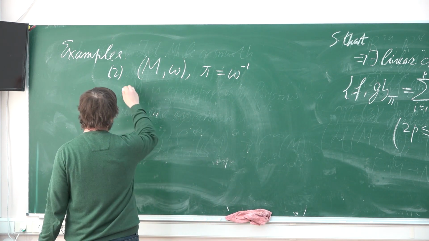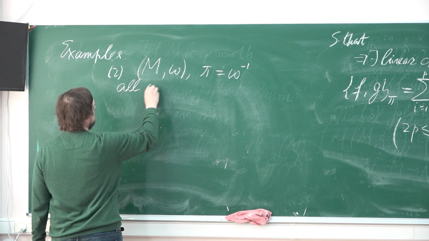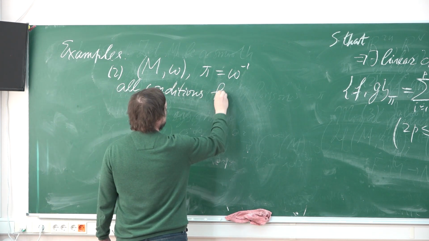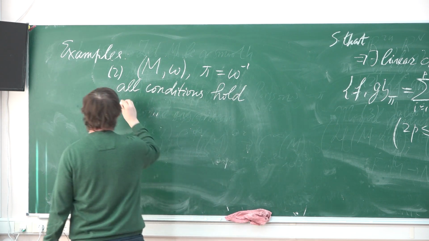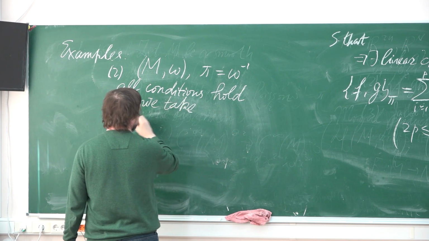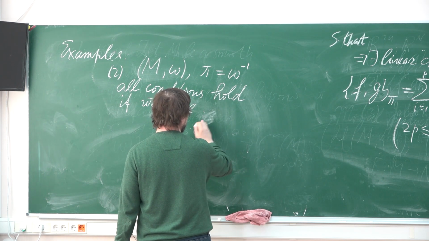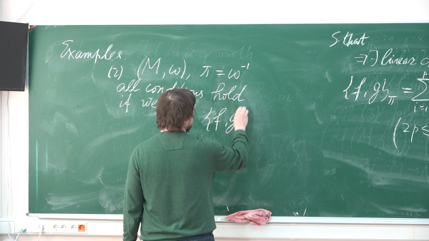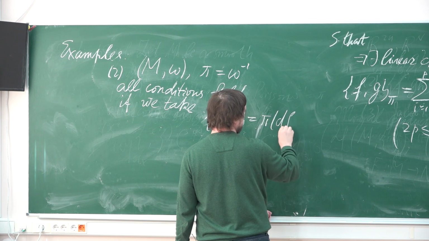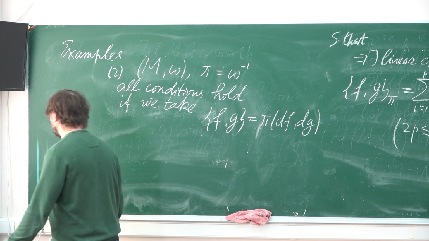In that case, we already know that all these conditions hold, if we take the bracket of f and g equal to pi applied to df and dg. So that's just something we already know.